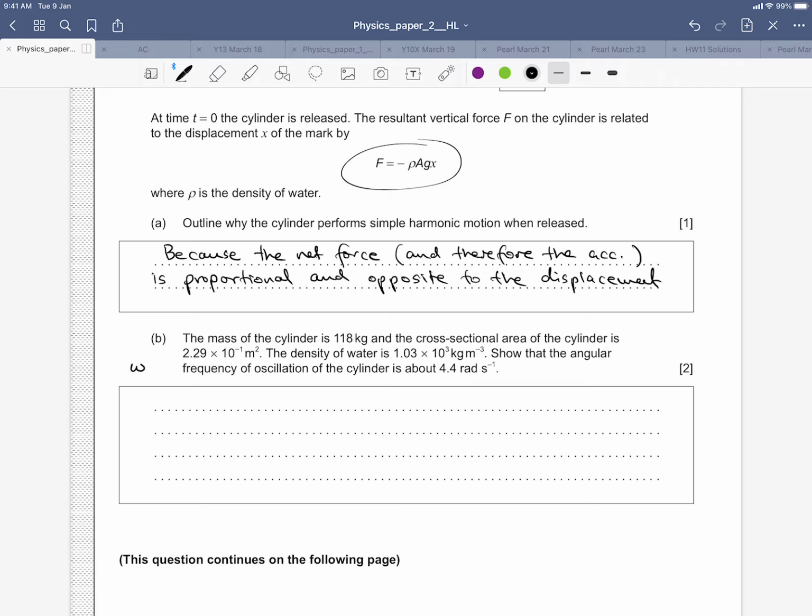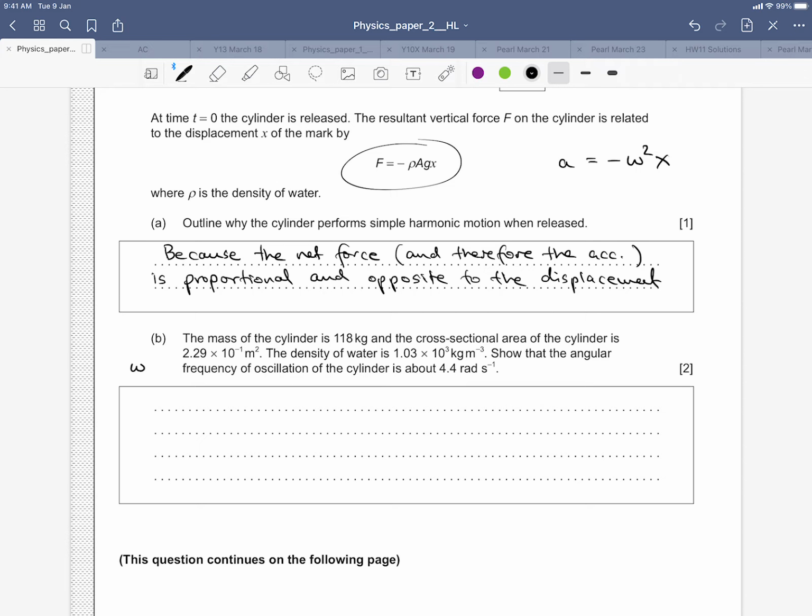And you have to remember that the acceleration in simple harmonic motion is always negative omega squared times the displacement. So whatever coefficient is in front of x when you write a in terms of x, that's going to be omega squared. So let's just do that.